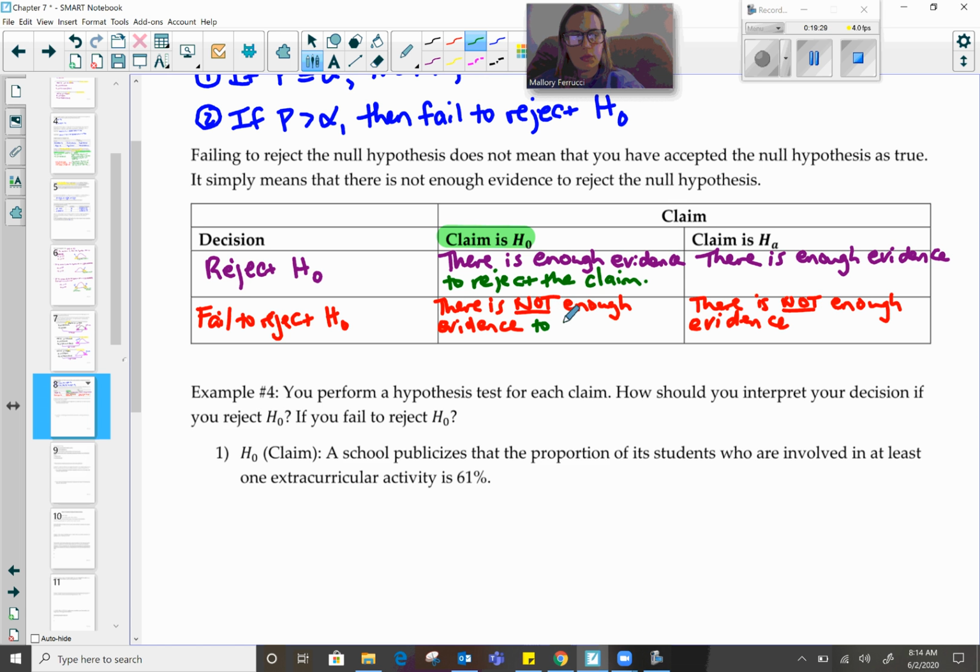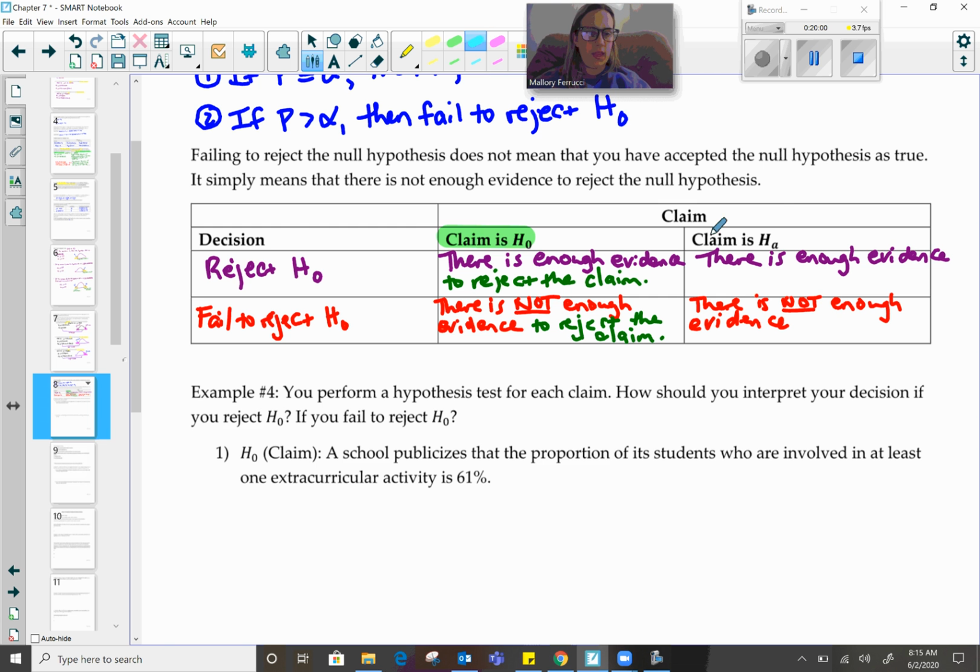Okay, so that's where the ending comes from. So no matter what the beginning is, if the claim is the null hypothesis, then you end it with to reject the claim.